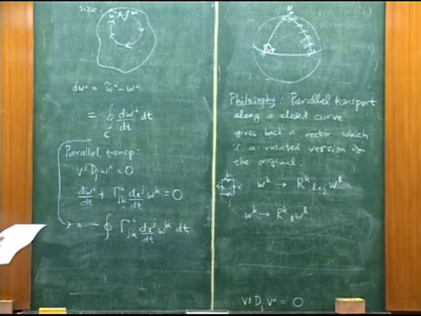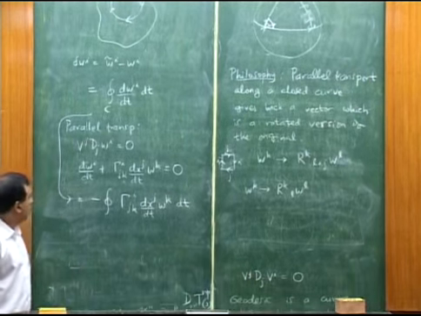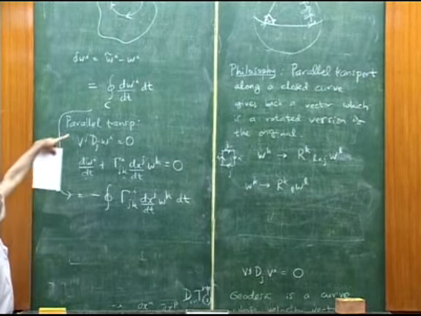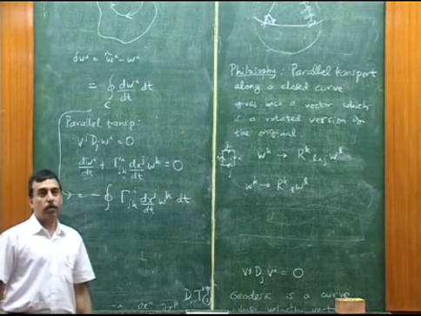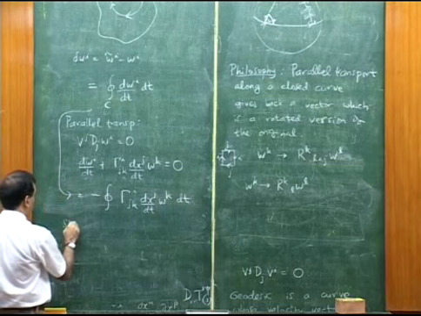So far so good? Okay. Now this is an integral round a curve, and Stokes' theorem tells us that the integral round a curve is the same as the integral of the curl of the object over the area bounded by the curve. So let me write Stokes' theorem.